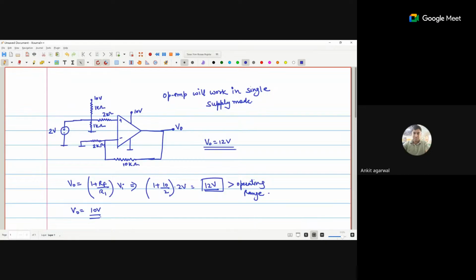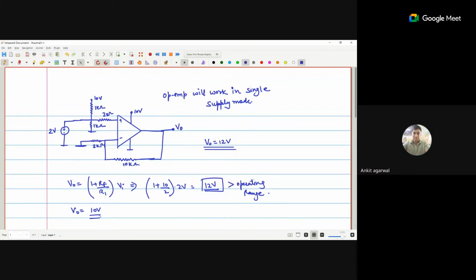Always remember that your output voltage doesn't exceed the range. Sir, if the output voltage exceeds the operating range, then the signal will be clipped, right?